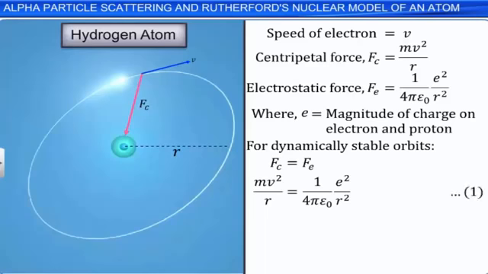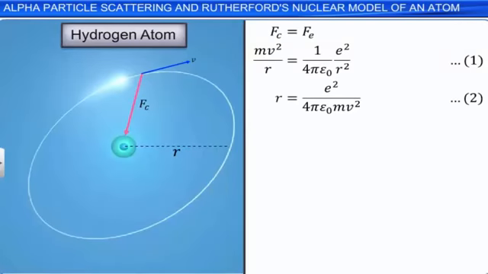On simplifying equation 1, we get the radius r is equal to e square by 4 pi epsilon naught m v square. Let this be equation 2. From equation 1, we also have v square is equal to e square by 4 pi epsilon naught m r. Let this be equation 3.